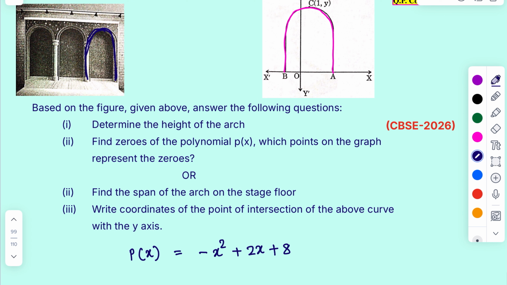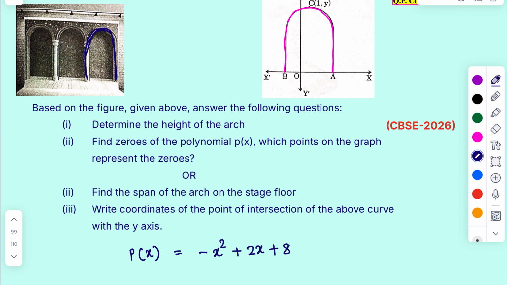Now we can write this as x square minus 2x minus 8. That means we have to split the middle term, that is minus 2, in such a way that the product will be equal to minus 8.